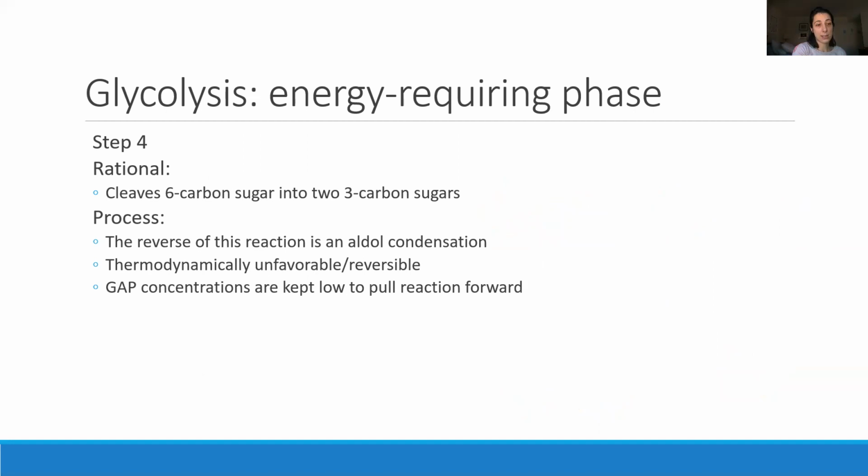The rationale behind step 4 is just straightforwardly to cleave the sugar into its 3-carbon sugars. This is our cleavage stage to get ready to further break down those 3-carbon sugars. The reverse of this reaction, if you guys want to go all the way back to organic chemistry, is actually an aldol condensation.